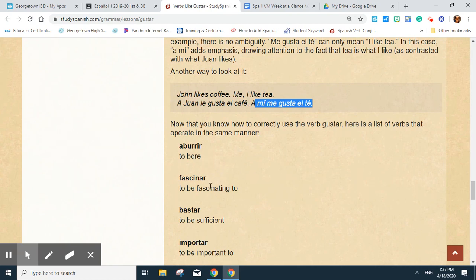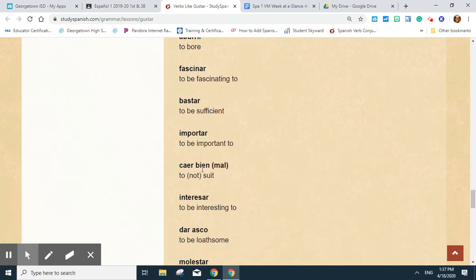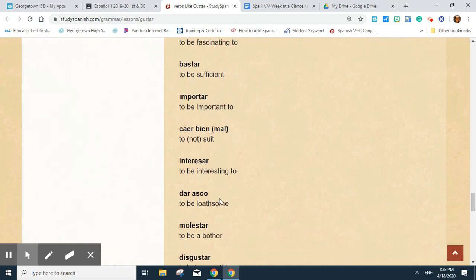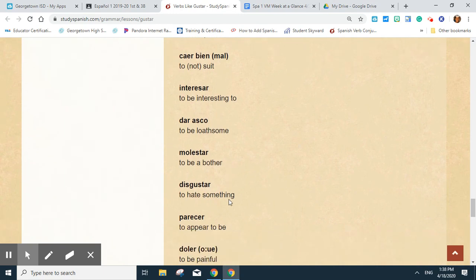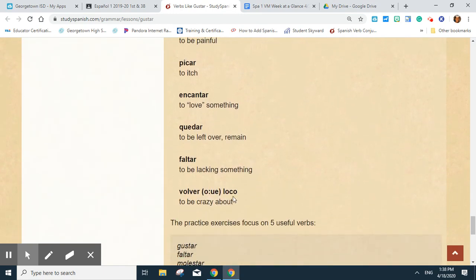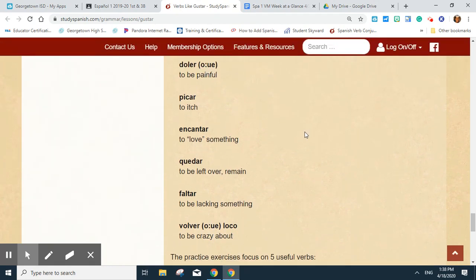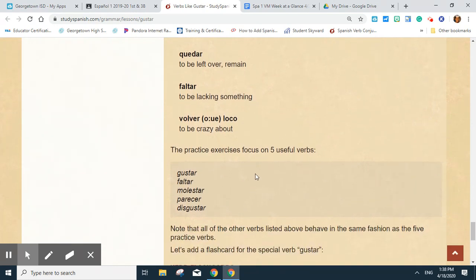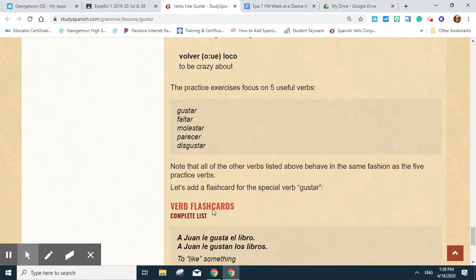Aburrir, fascinar, bastar, importar, caer bien o mal, interesar, dar asco, in other words, to be grossed out, molestar, disgustar, parecer, etc. So the practice exercise focuses on five verbs: gustar, faltar, molestar, parecer, and disgustar.